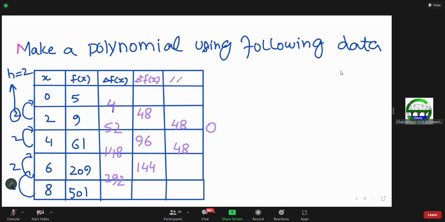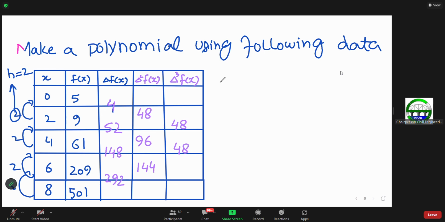So this is del f of x, and this is del cube f of x, right? So we don't need del 4, so I will just erase it because it is already 0. We don't need this one anymore, because once 0 is multiplied with all the factors, it's going to be 0. Now the only tricky thing is choosing the value of a.